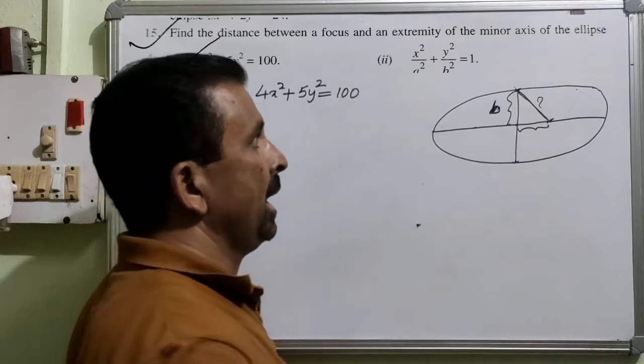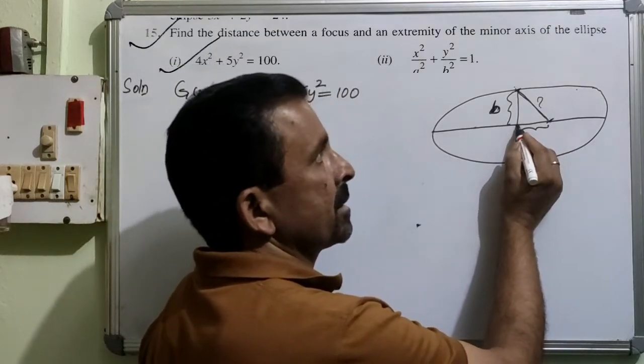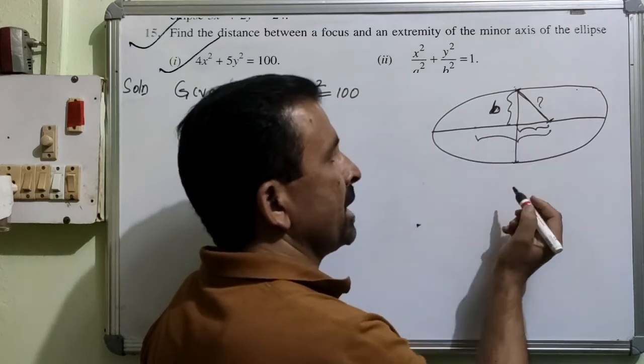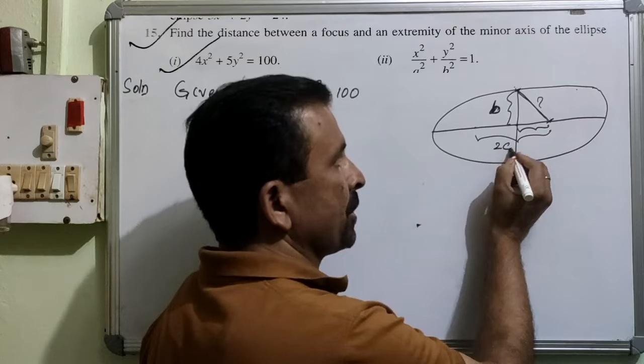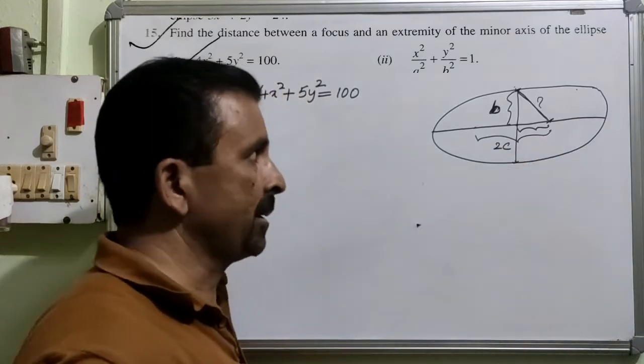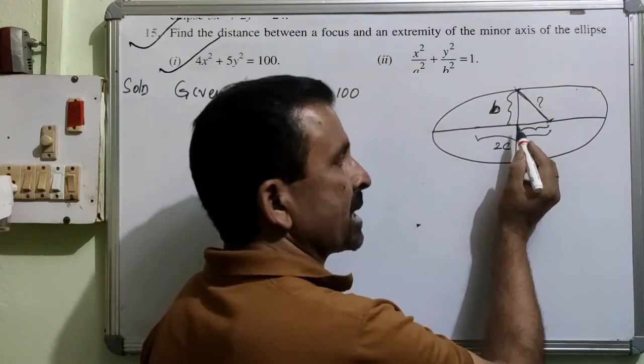Is it okay? And then the distance of the focus from the center. The distance between the two foci is represented by 2c. And you know that these two foci are at equal distance from the center.